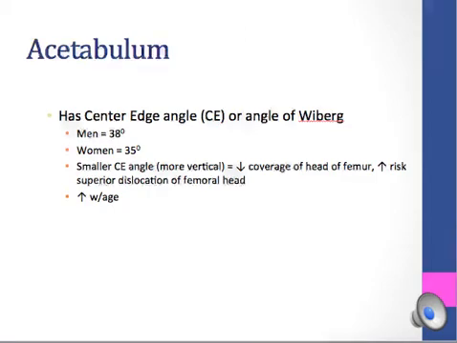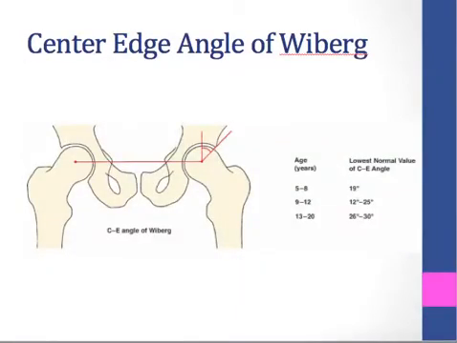Let's take a look at the next slide because it shows the way in which we'll start to see that angle is calculated. So as we move down and through, it's that center point of the femur in relationship to the acetabulum, and as we change in age, we're going to see that that angle is going to change a little bit. So when we're young, that angle is about 19 degrees.